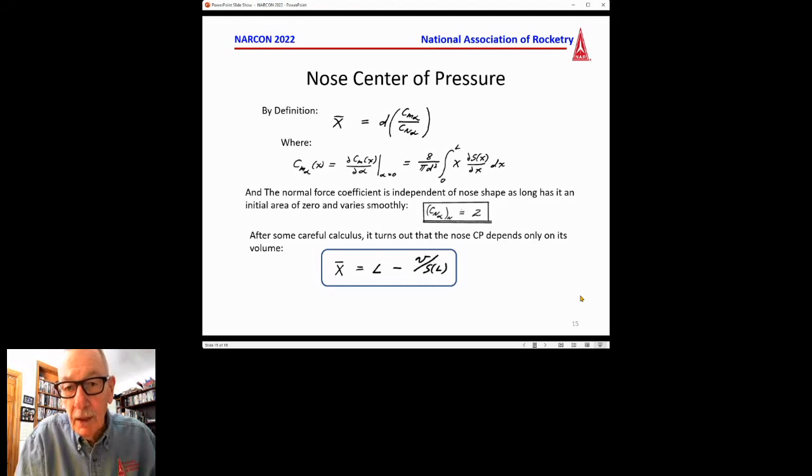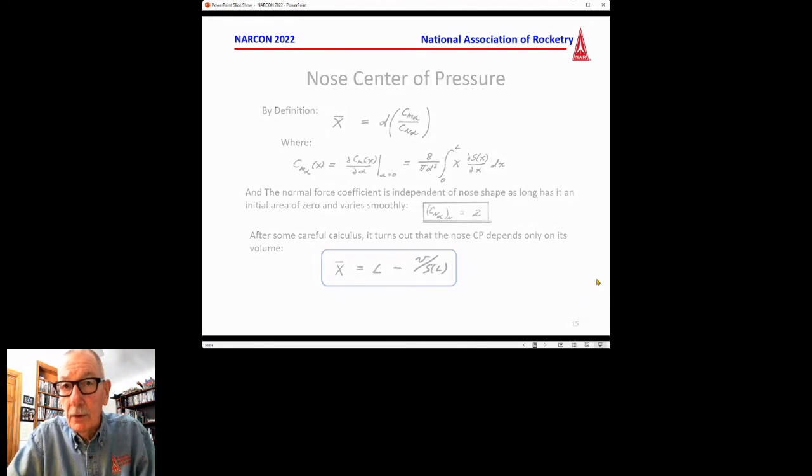The one shape that really interests me, of course, in flying model rockets is people ask, well, what about an ogive? A spherical ogive is essentially an arc of a sphere that's been rotated. You take an arc of a circle that's been cut off of the circle and then rotated such that it forms the nose cone, which we call an ogive.